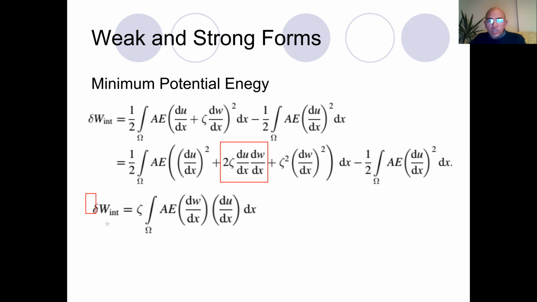So variation of the internal energy can be written like this: zeta multiplied by the integration of area multiplied by the Young modulus dw dx du dx dx.